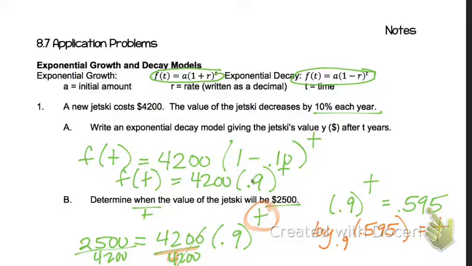So in my calculator, I am going to type in log. If you have an 84, then you remember you do alpha window 5. If you have an Inspire, which most of you do, you just hit the log button. Put my base as 0.9.